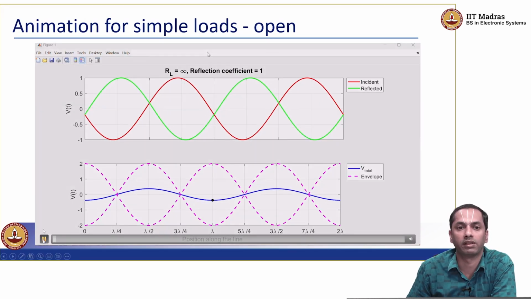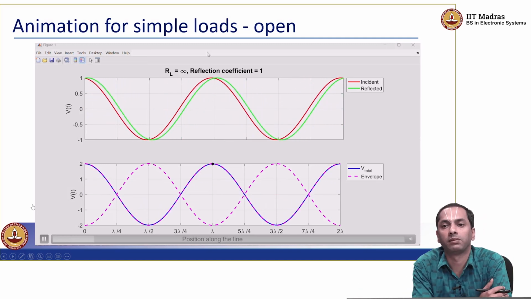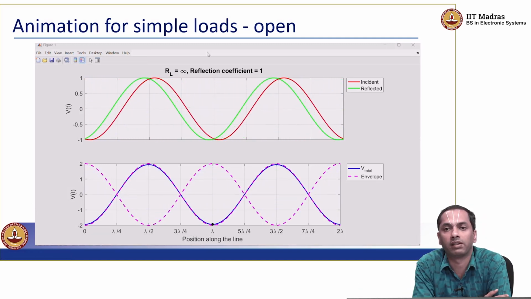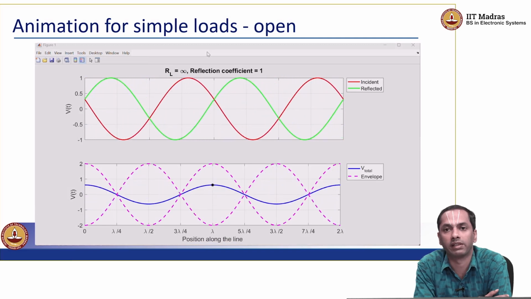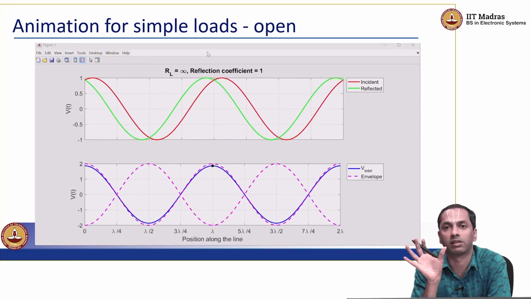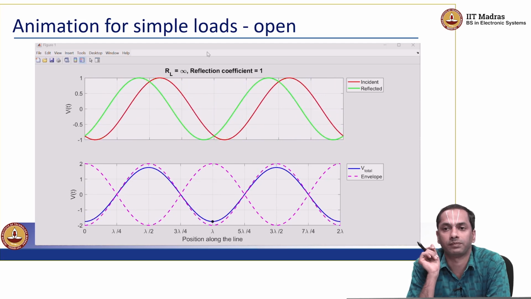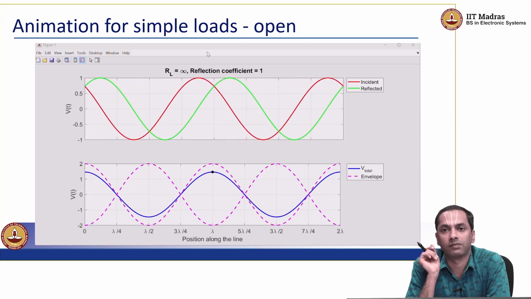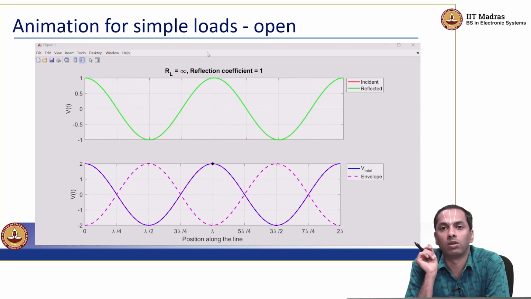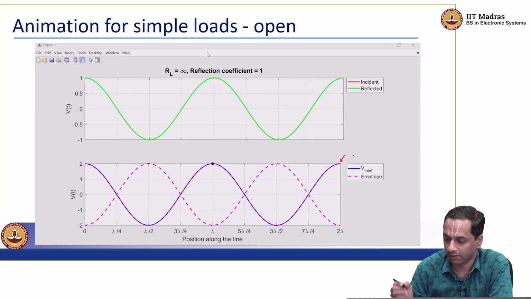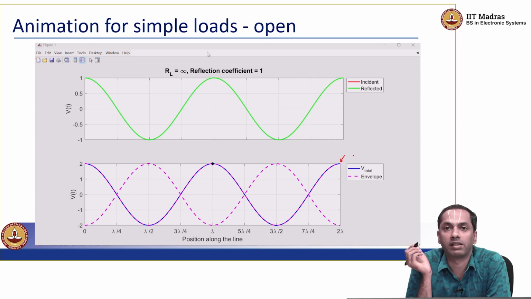So notice this time we see something different. It kind of looks like the shorted case, but it seems like it has got a shifted version of it. So the voltage seems to have the highest amplitude of oscillation at the open circuit, because the current is 0.